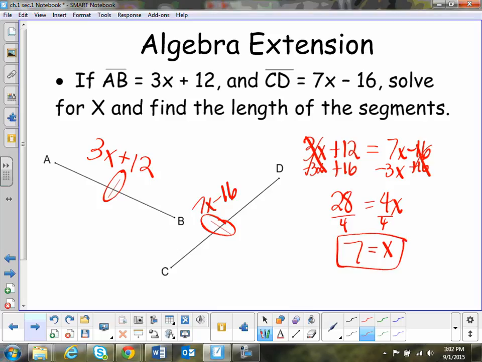Now plug 7 in, 7 goes right here, 7 times 3 is 21, 21 plus 12 is 33. So AB is 33 units long as well as CD, because they are congruent.